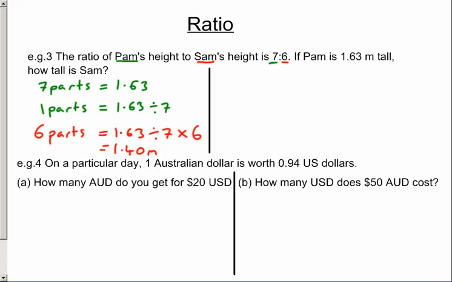The other method is using the ratios like we did before. 7 to 6 is equal to 1.63 to x. Write these as fractions. We can do it in a number of ways, but let's do x over 6. So that's comparing x to 6.